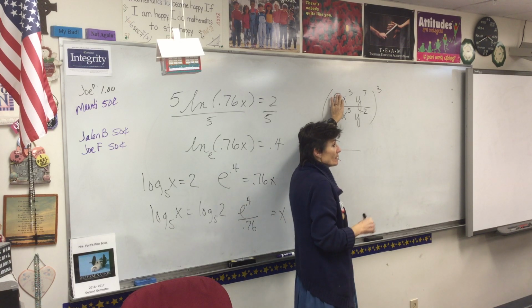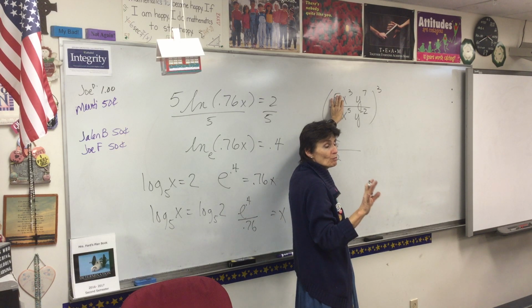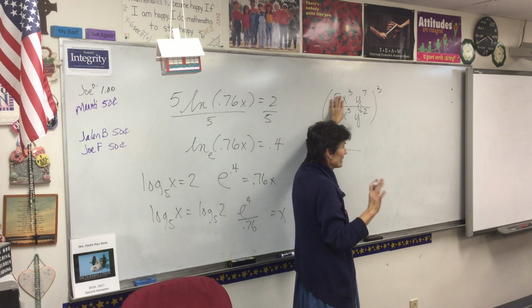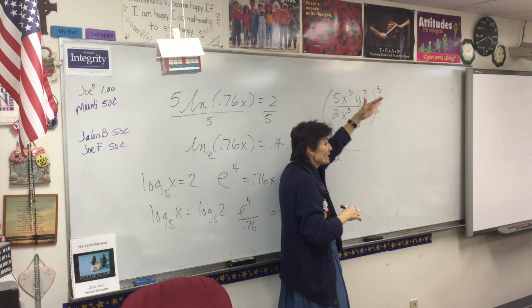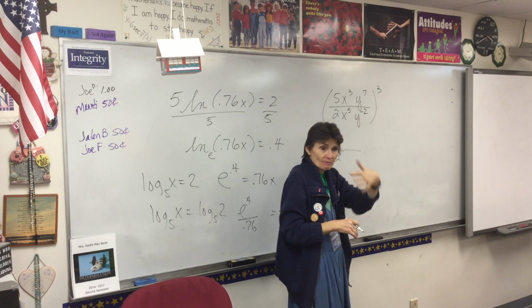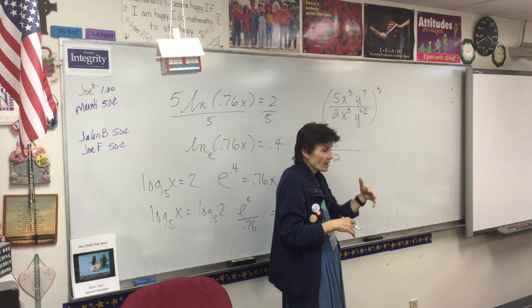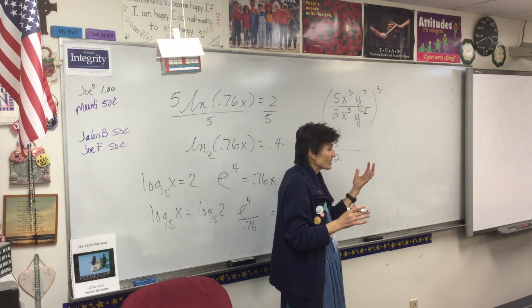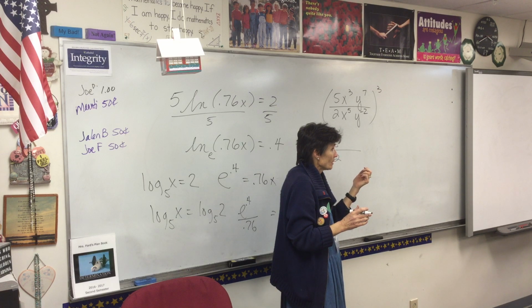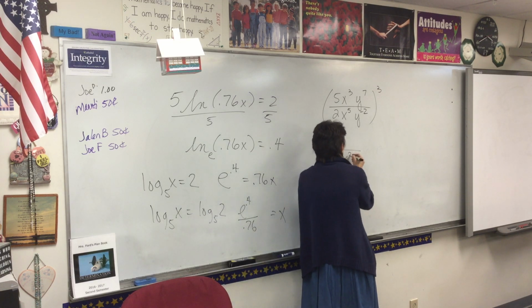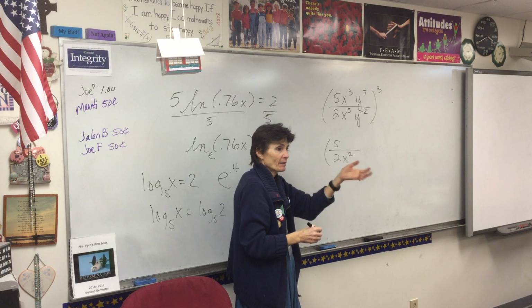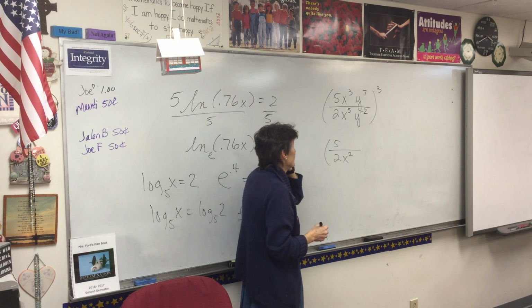Now the x's. Don't move anything. Nothing's negative. Just think. I have 3 x's on top of 5 x's. So when I cancel, what's going to happen? 2 on the bottom. It's bottom heavy. There's more on the bottom. 2 extras on the bottom.